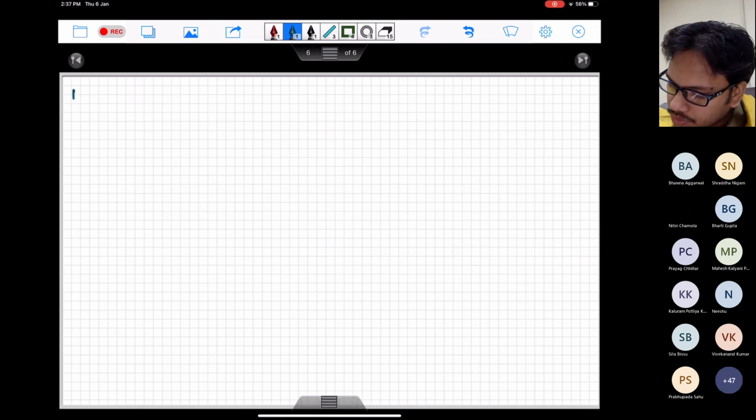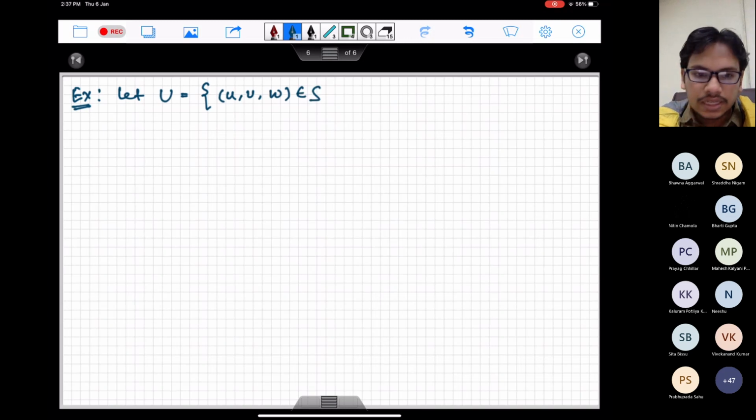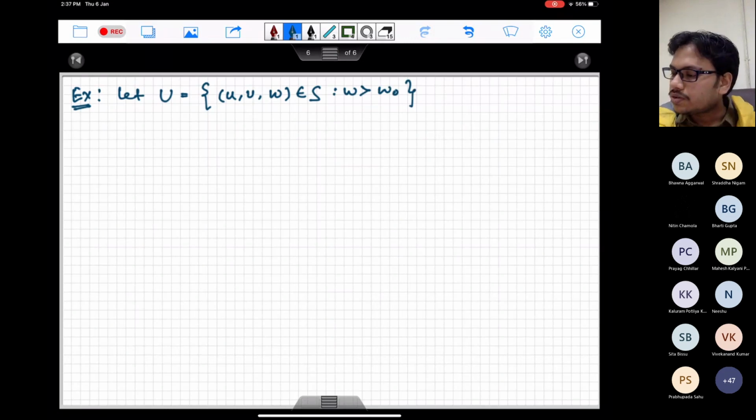This is even something more explicit. So, for example, let U be the set of (u, v, w) in S such that w is bigger than some w naught, for some 0 less than w naught less than 1.